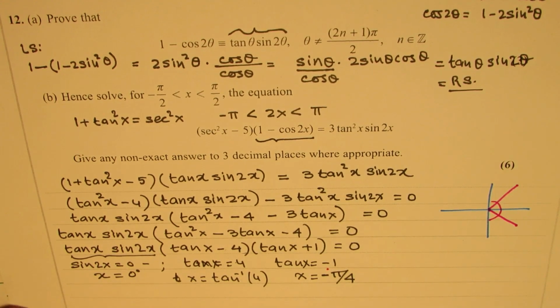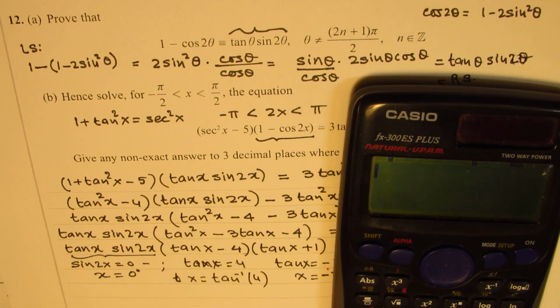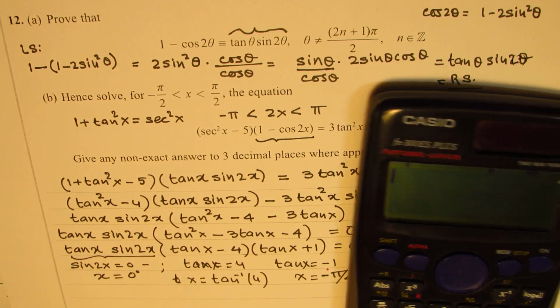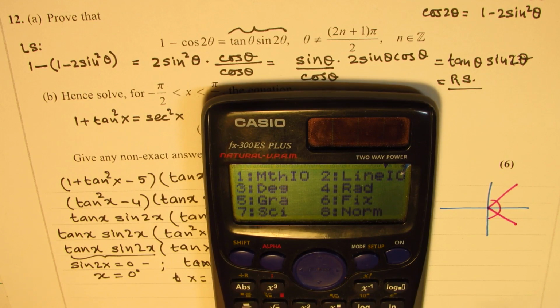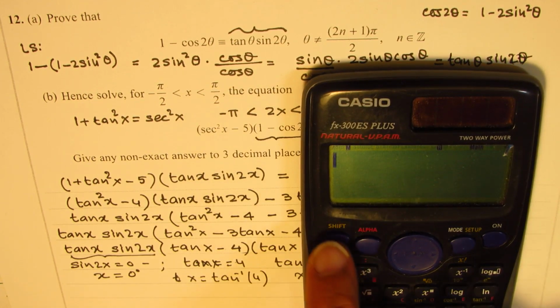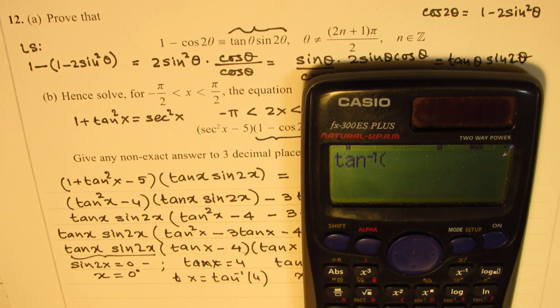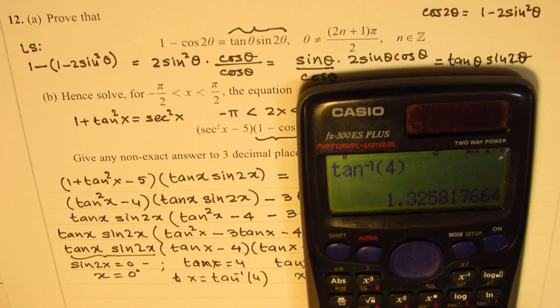And for this, I need to use calculator. So we do tan inverse of 4. Let's convert this to radians first. So we'll change the mode to radians. Okay, and now we'll do tan inverse of 4. We get 1.32, right?